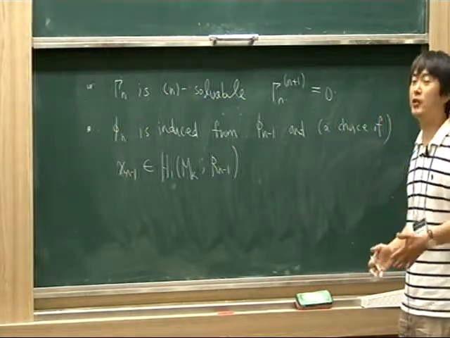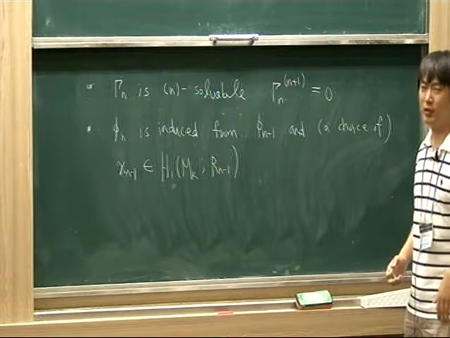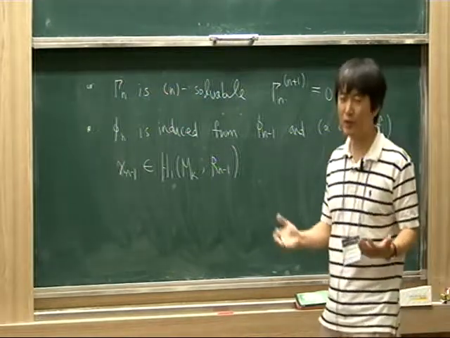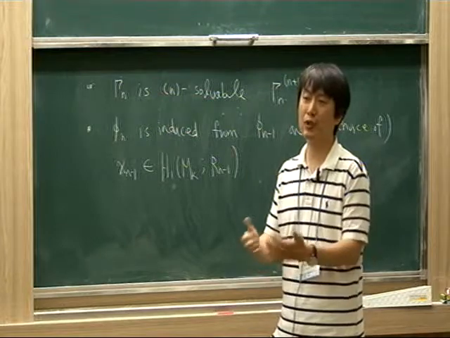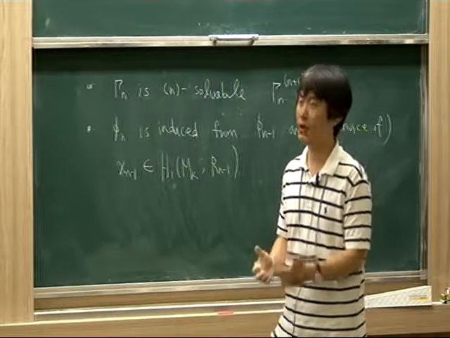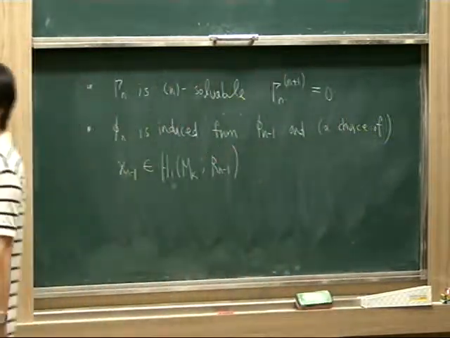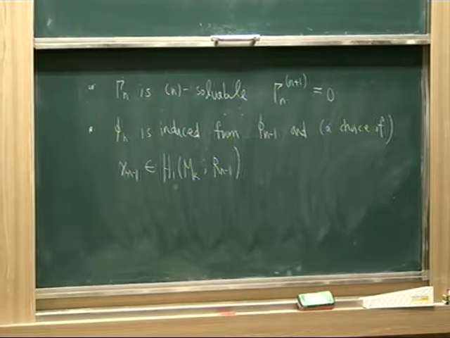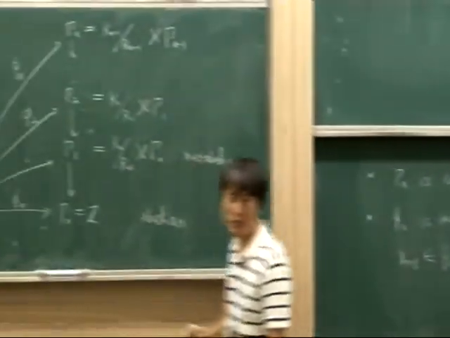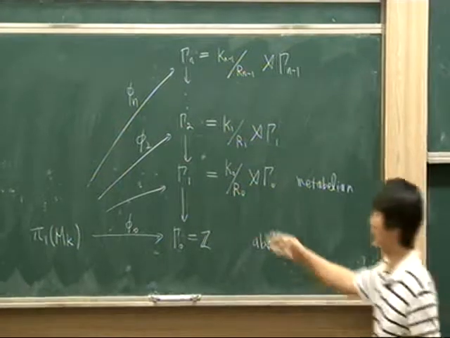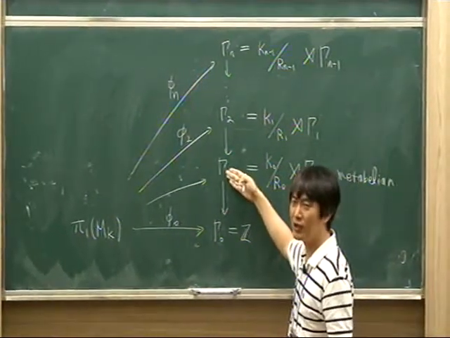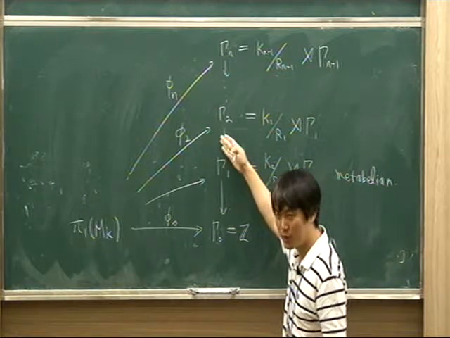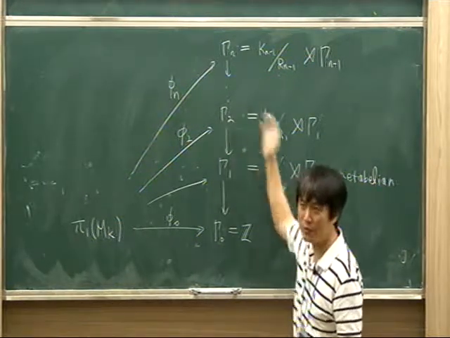If you take the universal cover, you can get much information from it, but it's very hard to deal with the universal cover. So instead of that, we are taking a tower of iterated abelian covers. Just take the abelian cover first, then take the abelian cover of the previous cover, and just keep going on.